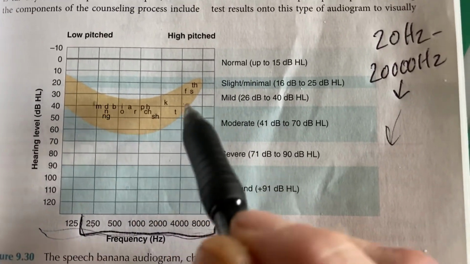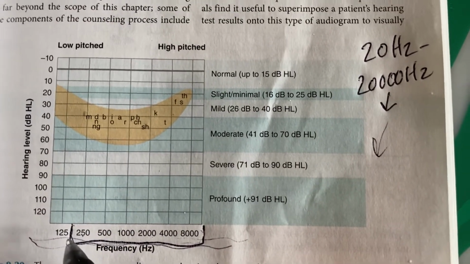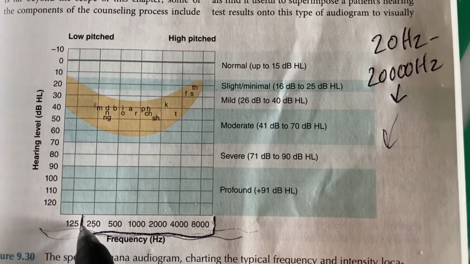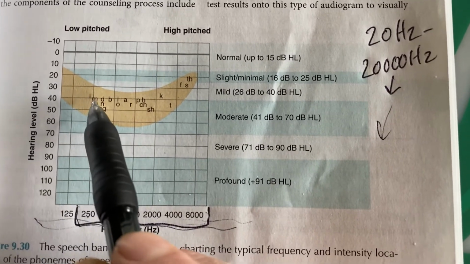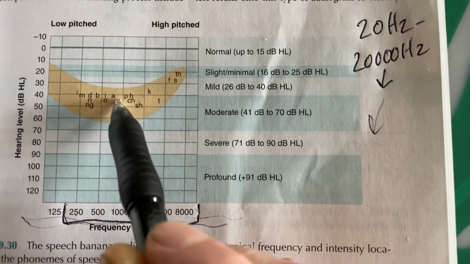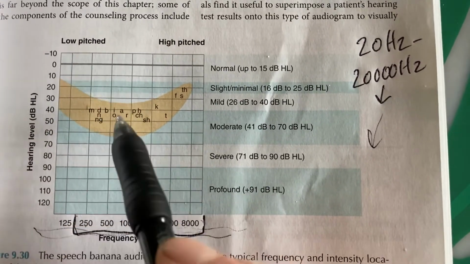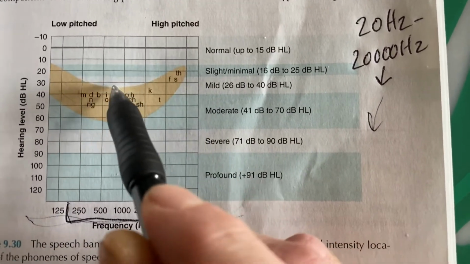You can see this little amber, yellowish area. That's what's called the speech banana. That's not a name that I really love, but I've never heard a better name for it. But you'll notice, and it's not an IPA, all these letters here. That's the energy necessary for being able to pick up these phonemes.